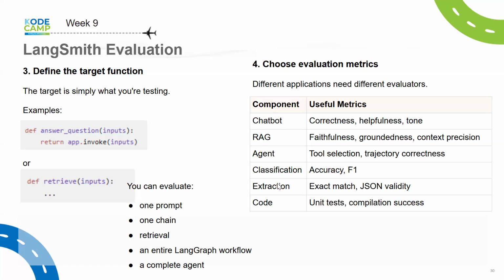Then extraction. Extraction is if you are extracting knowledge from the data, right? So you have a knowledge graph or a knowledge engine or something, and you are trying to extract entities from the data. So the useful metric that you check there is how well it does an exact match.